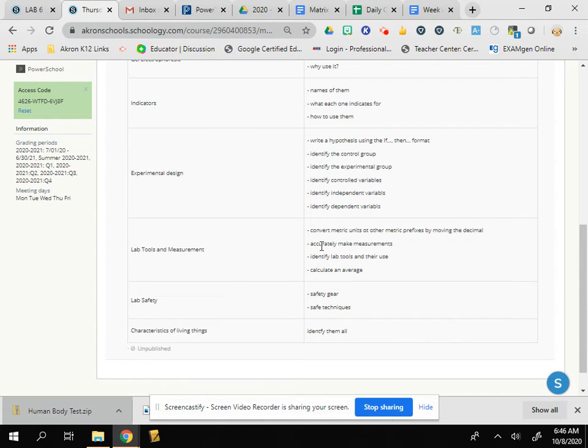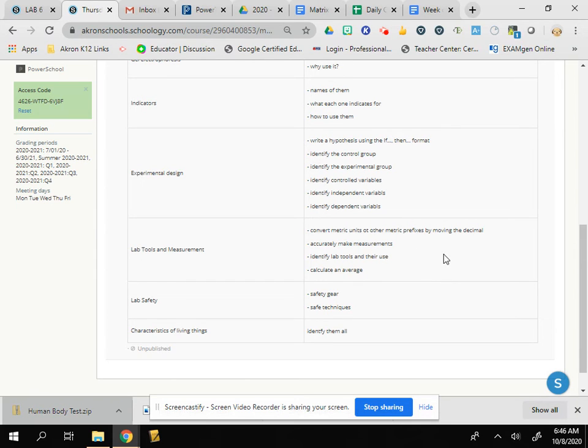Lab tools and measurements, so metric stuff, you have to make sure you can convert between different prefixes, make sure you can understand how to move the decimal. Go back and watch the Ed Puzzle video again if you need to. You have to know how to calculate an average, because many times in science we do multiple measurements and then take an average.